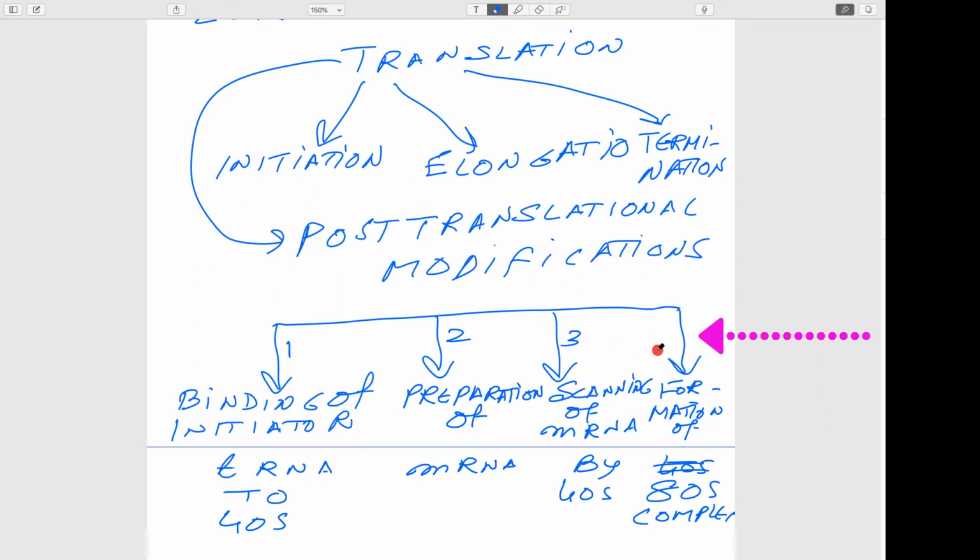The third one is scanning of messenger RNA by 40S. Then finally, the formation of the 80S complex. So the first is binding of transfer RNA, the second is preparation of messenger RNA, the third is scanning of messenger RNA by 40S, and finally there is a formation of the 80S complex.